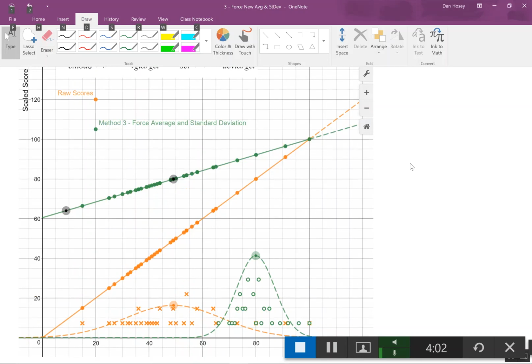The third method is one that's pretty common, where you take a distribution that's supposedly normal, and everybody has a z-score for their score, meaning how many standard deviations away from the mean was your score. So what you do is you say, I want the average to be, in this case, 80 instead of 50.